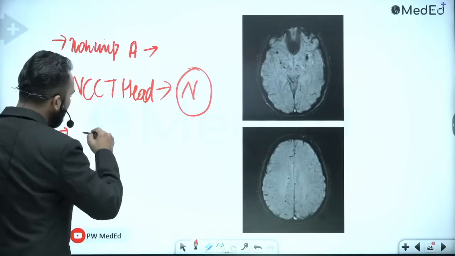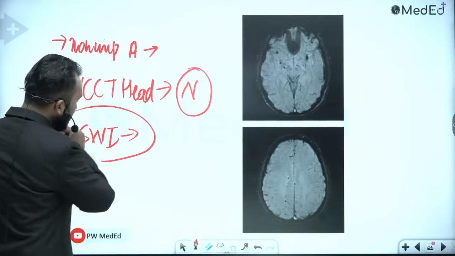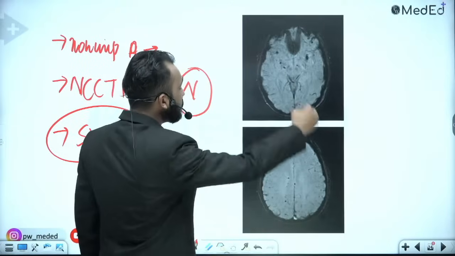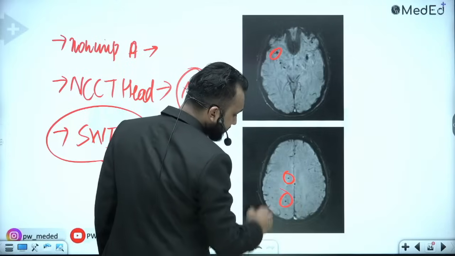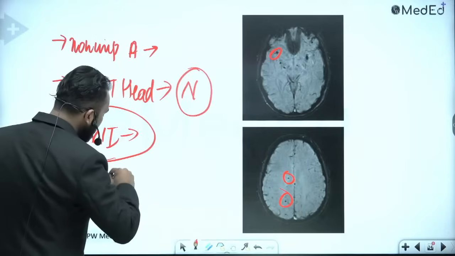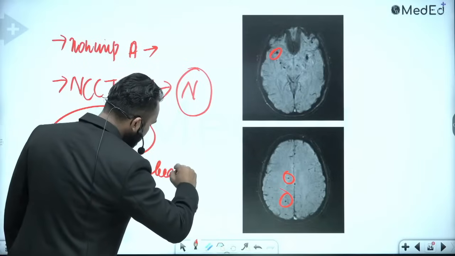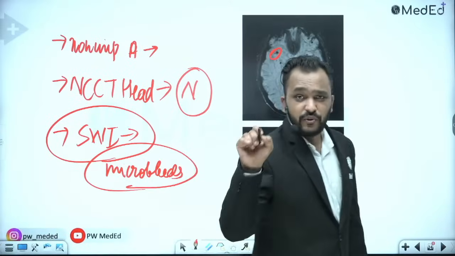And what are these? These are your SWI images. On SWI images, you can see areas of blooming, foci of blooming in the gray white matter junction. So these are basically your microbleeds. This happens in a case of diffuse axonal injury.